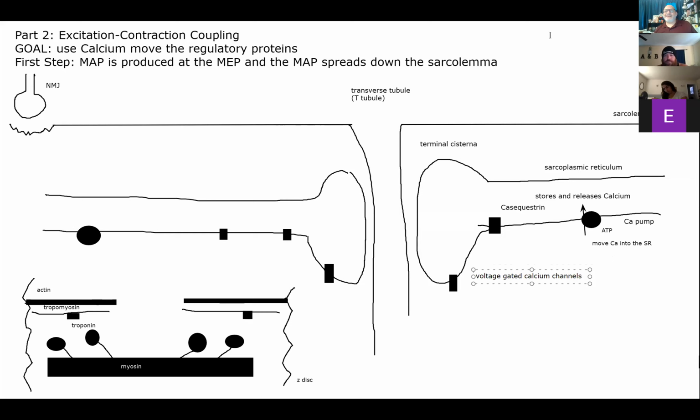And of course, when these channels open, which way is calcium going to flow? Out of the sarcoplasmic reticulum or into the sarcoplasmic reticulum? Out. Exactly, when open, calcium leaves the sarcoplasmic reticulum into the cytosol. Excellent.